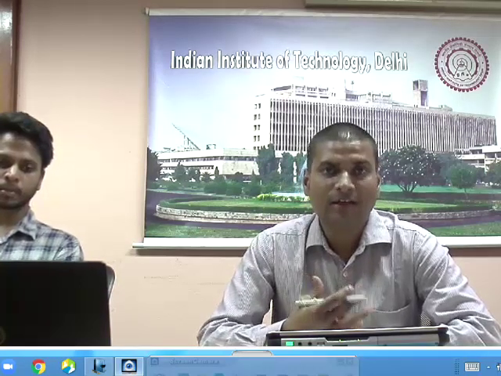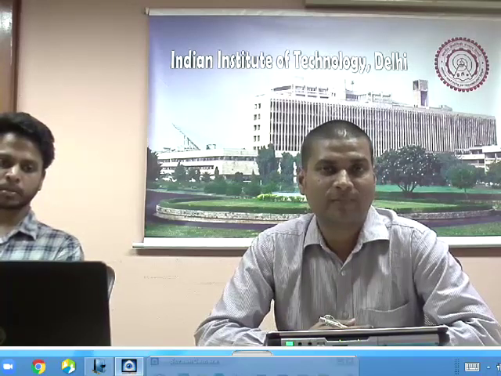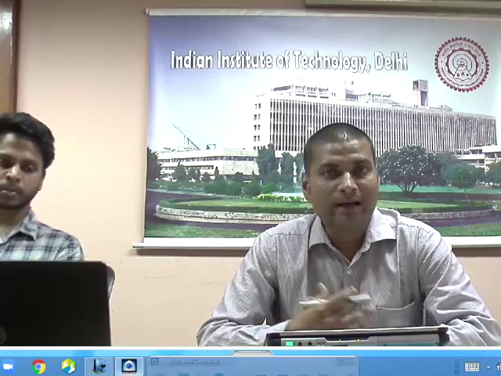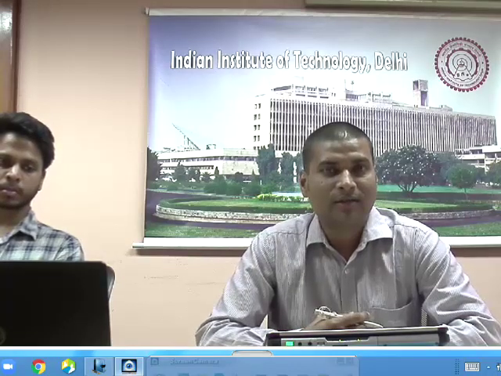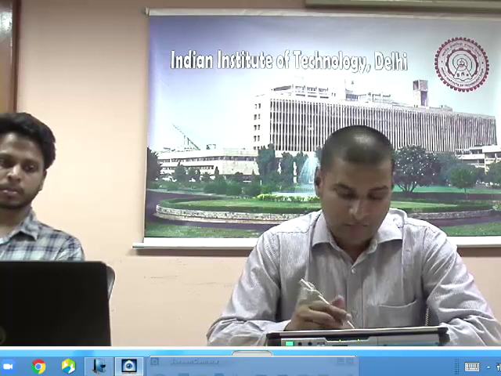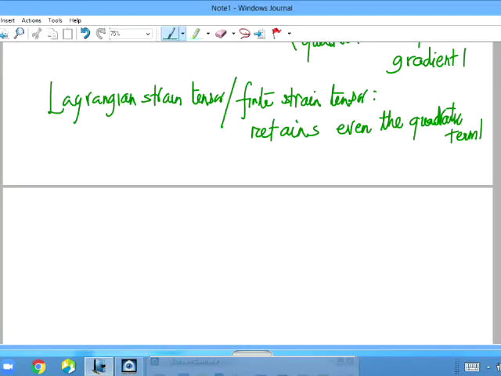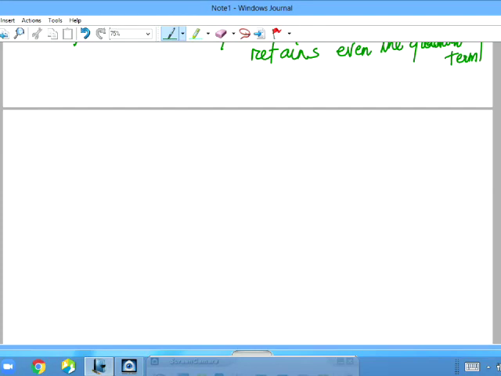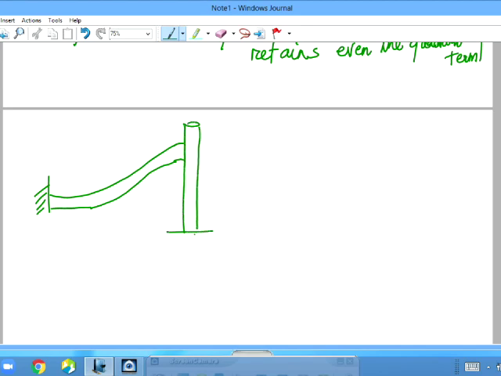There are approximations in Timoshenko beam theory also. One of them is that we neglect axial stretch. For example, think of solving this beam problem. Suppose we have this beam which is clamped at one end, but at the other end it is held by a rigid pole.